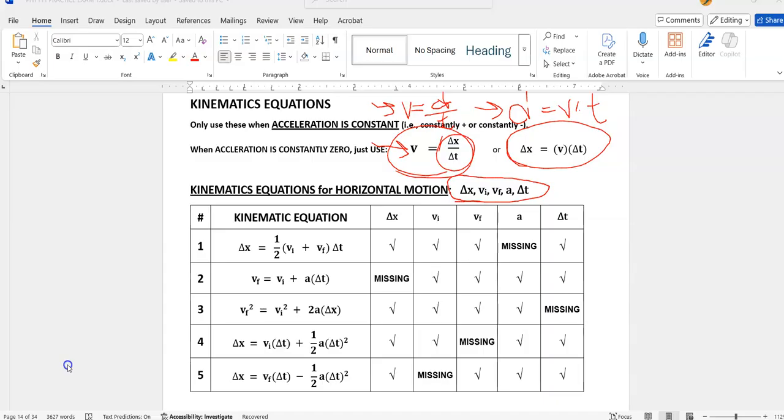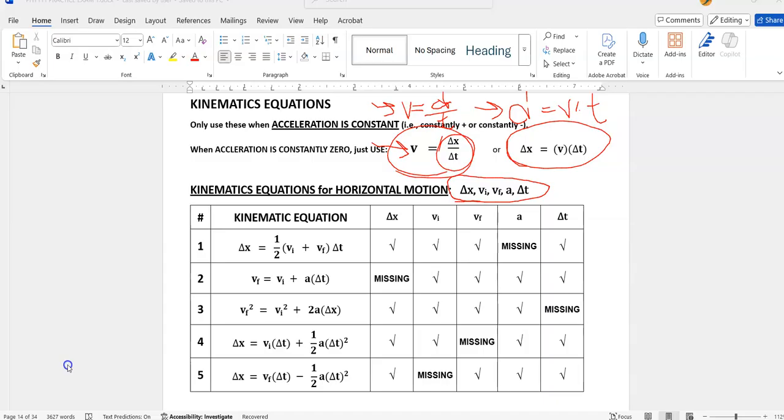But once you know 3 of these and you're asked for a 4th value, you look for the equation that includes those 4 things. And that's kind of a pain to do, go through each equation. Does it have this, this, this, and this? Instead, just ask yourself, what's the one thing I don't care about right now? And then look for the equation where it says missing, and then you know which of the 5 equations to use.